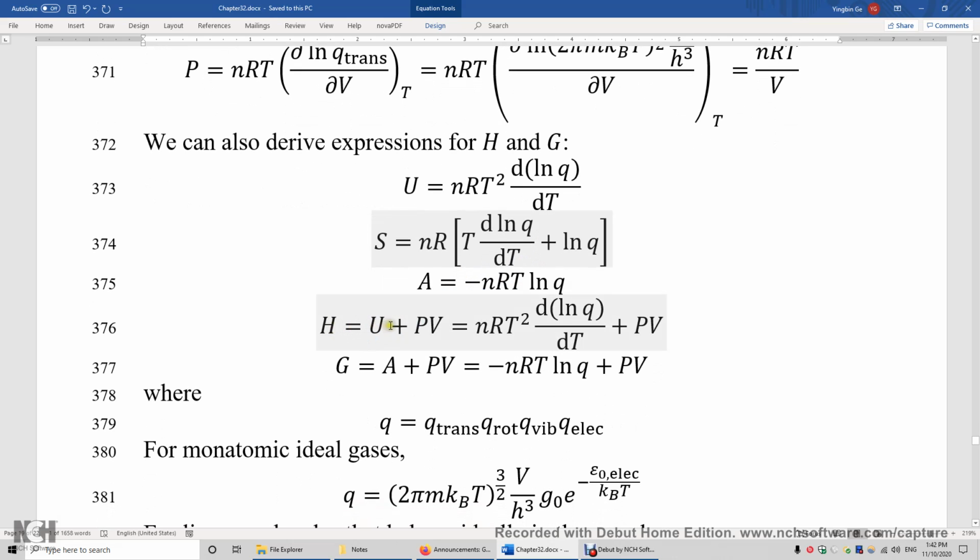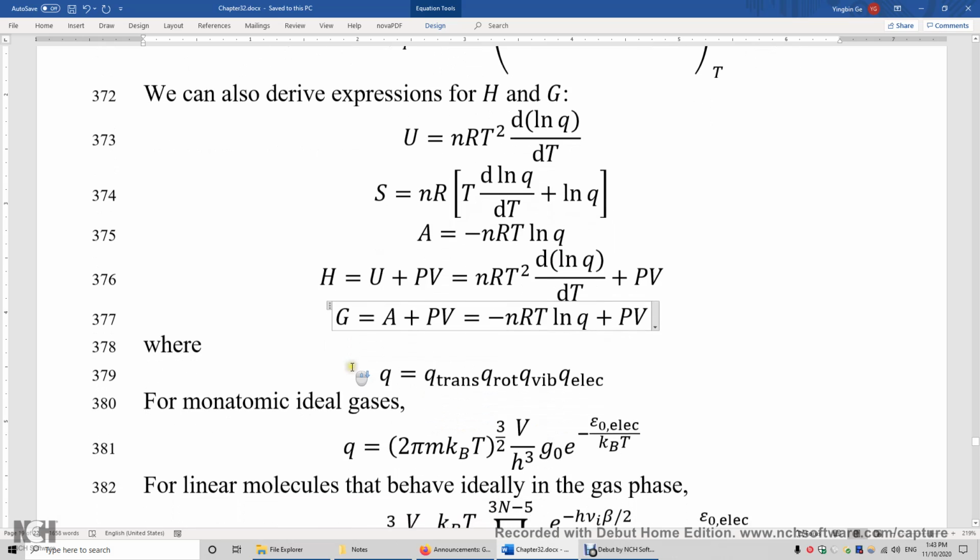Now H is U plus PV by definition, and therefore this is the expression for H. G is equal to A plus PV, and therefore this is the expression for Gibbs free energy. So now you have these 5 equations. They are exact equations, and this Q is the product of Q trans, Q rotation, Q vibration, and Q electronic.